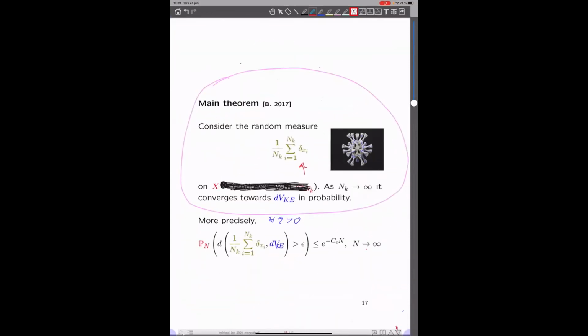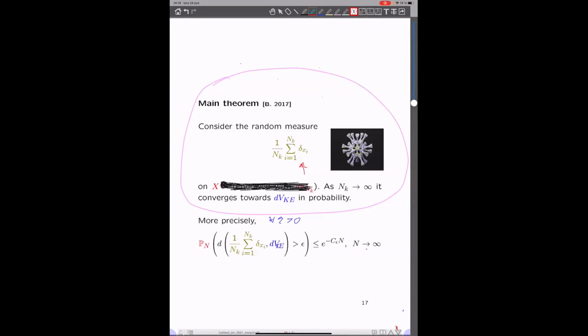And here's the main theorem: this really reproduces the Kähler-Einstein volume form. Now I can sample points using this probability measure. Each time I get a configuration of n points, I look at the normalized discrete Dirac measure at those points. That's a measure on X which is discrete, and it's a random measure because I choose my points randomly with respect to the probability measure.